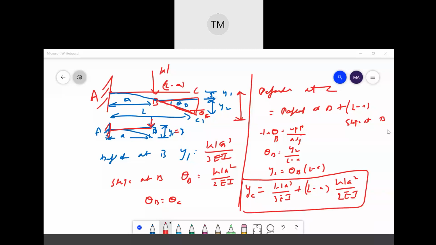This meeting will end in 5 minutes. Is it clear up to this point? Does anybody have any doubts? Roll number 69, Vinay.